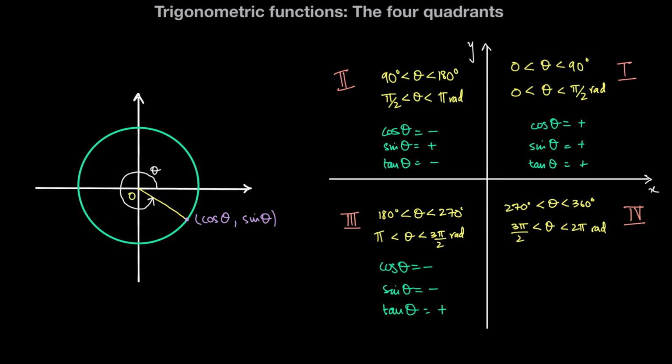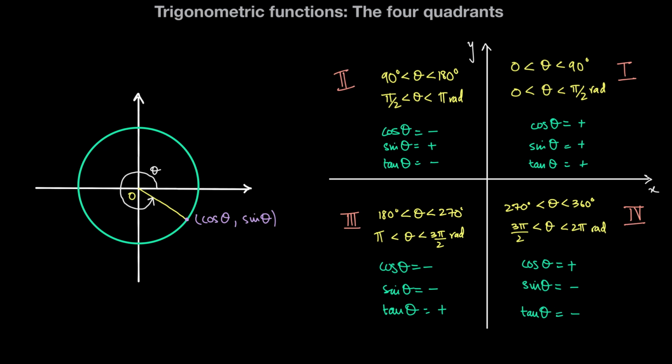So the cosine of theta is a positive value, the sine of theta is a negative value, and therefore the tan of theta, which is the sine of theta divided by the cosine of theta, a negative number divided by a positive number, takes on a negative value when theta is in the fourth quadrant.